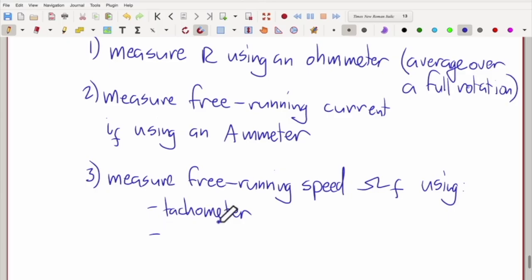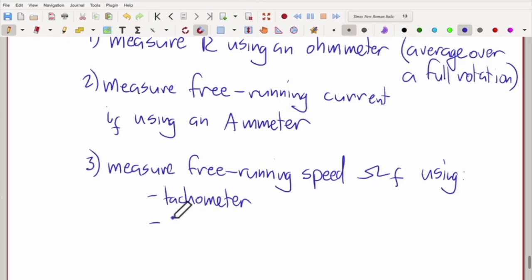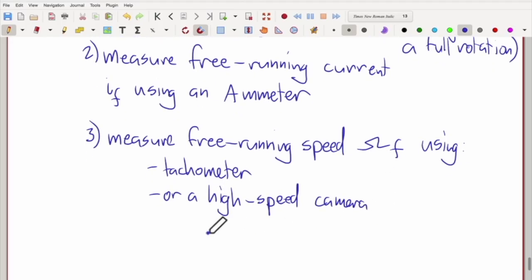It's also possible, if you don't have a tachometer and your motor is not spinning too fast, sometimes you can do it with a high-speed camera, like a cell phone actually, and then record how many frames it takes for the axle to rotate around.